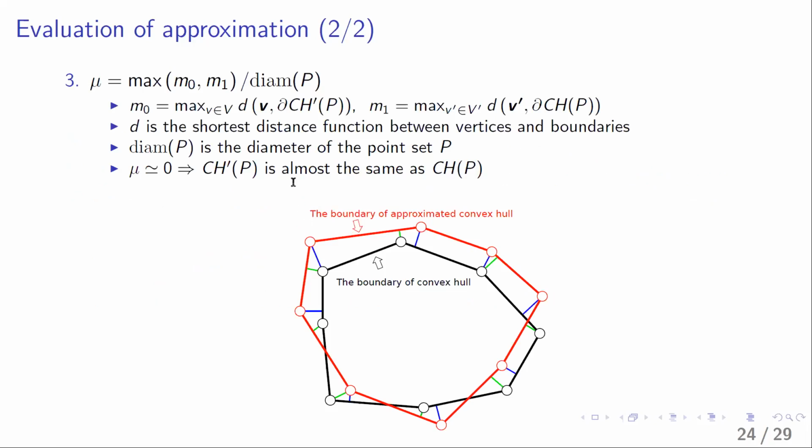The third index, mu, is the value obtained by normalizing the largest deviation between the exact convex hull and the approximated convex hull by the diameter of the point set. When mu is close to 0, there is almost no difference between the exact convex hull and the approximated convex hull.